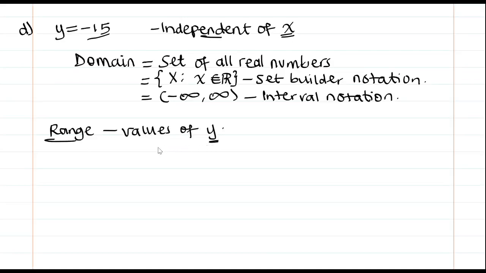So if you look at this equation, y equals negative 15, regardless of any real value of x that we substitute, the range or the values of y will always be negative 15. Therefore, our range is a definite value, negative 15, which is independent of x.